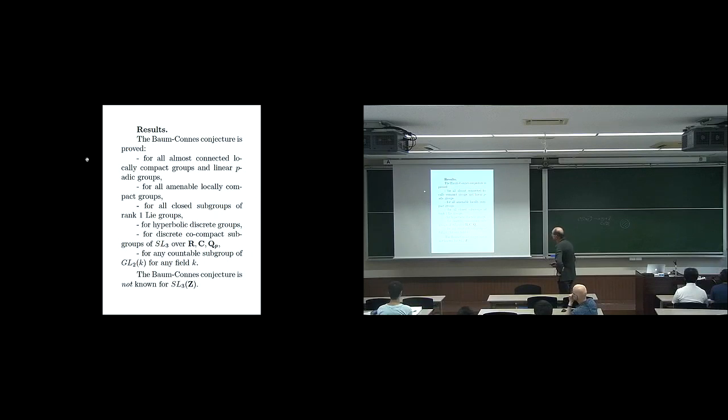The important thing is that the Baum-Connes conjecture is proved for all almost connected locally compact groups, amenable locally compact groups, closed subgroups of rank 1 Lie groups, hyperbolic discrete groups, discrete cocompact subgroups of certain SL3 groups, countable subgroups of GL2K for any field K. But even for the group SL3Z, the Baum-Connes conjecture is not known until now.